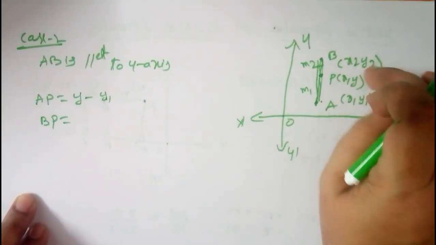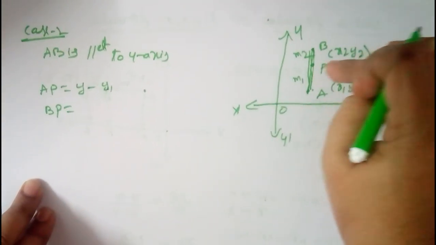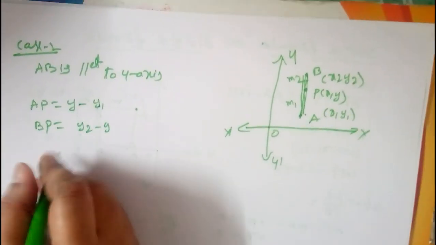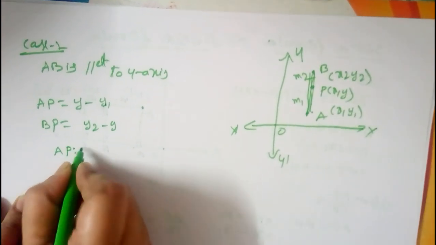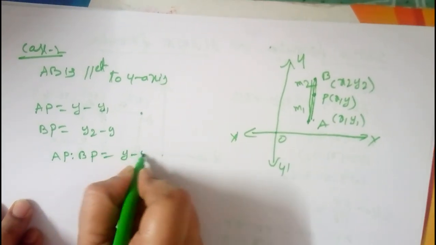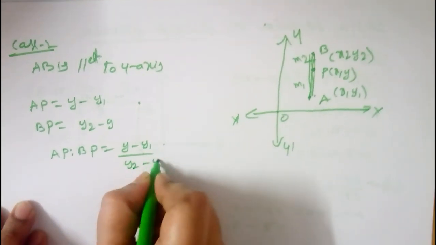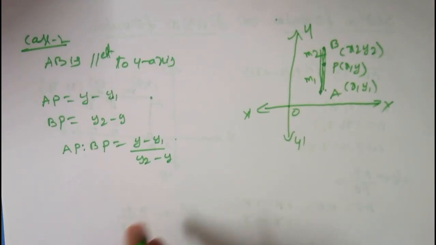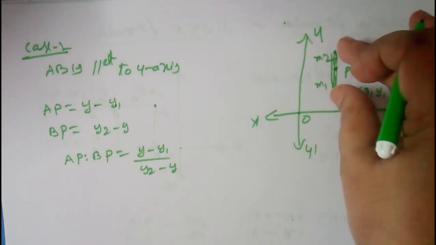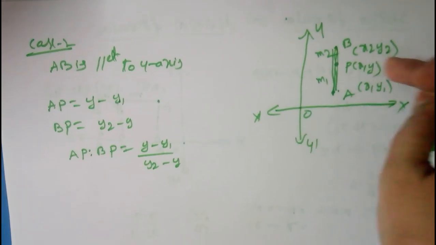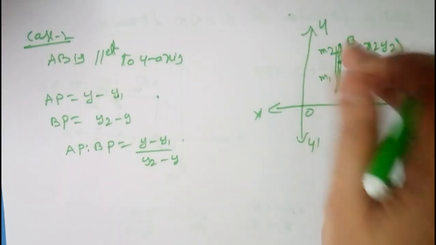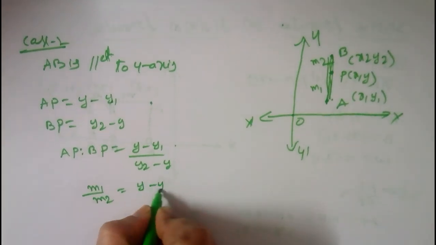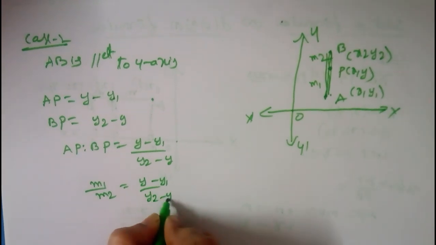BP is equal to y2 minus y. Therefore AP is to BP is equal to y minus y1 by y2 minus y. So if the line is parallel to the y-axis and the point P divides AB in the ratio m1 is to m2, then m1 by m2 is equal to y minus y1 by y2 minus y.